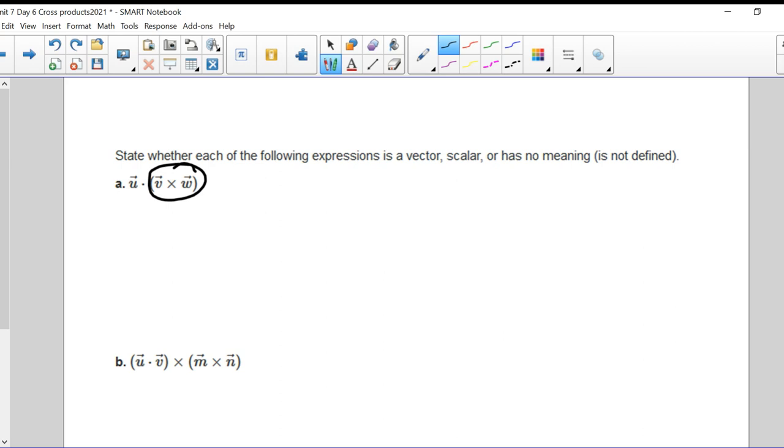A vector. Perfect. When you take a vector and dot it with another vector, what do you get from dotting two vectors? So you're right, I'm going to get a vector from this. That's a vector result. I'm going to take that vector and dot it with another vector. So it's vector dot vector. You get a scalar. That's exactly right.